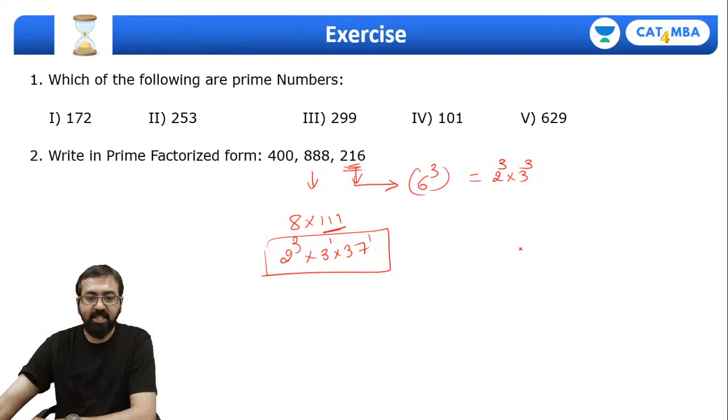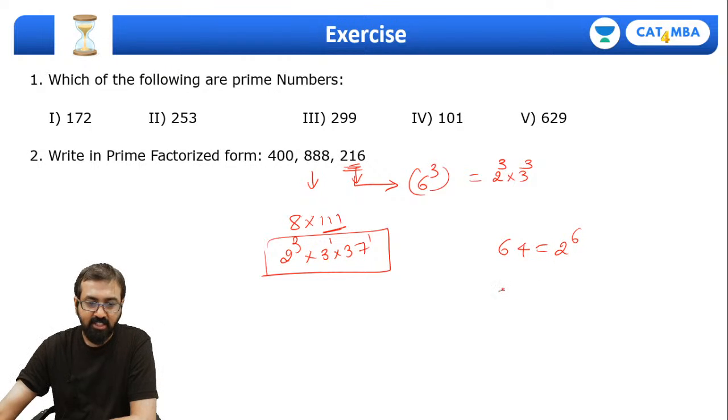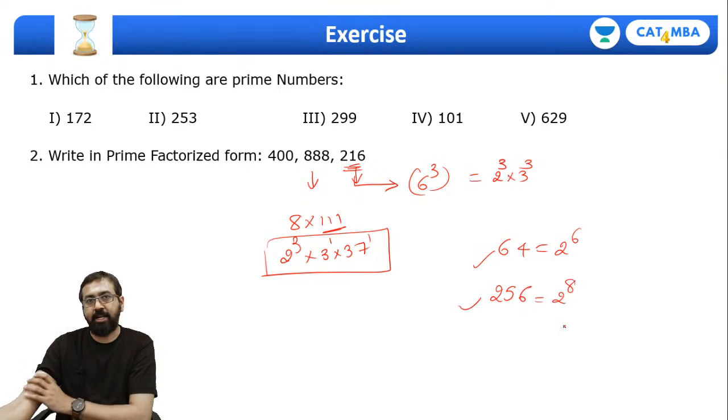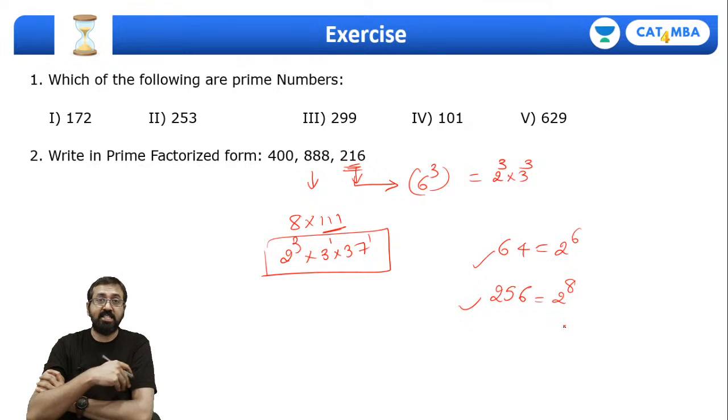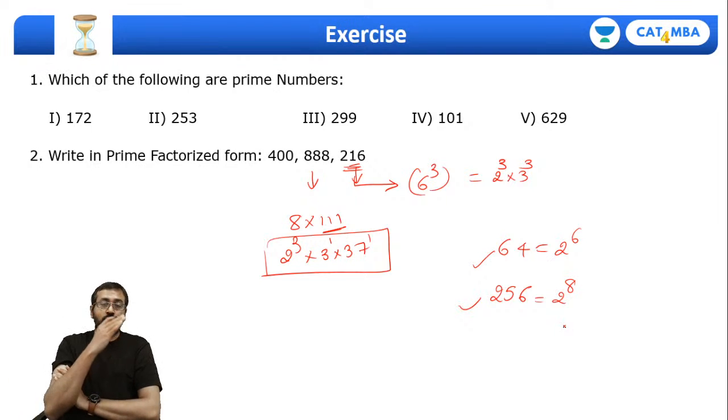For example, 64, you should remember that it's 2 raised to 6. If I say 256, you should remember it's 2 raised to 8. You need to remember a few things. As I mentioned in the previous session, remember powers of 2 raised to 1 to 2 raised to 10, then 3 raised to 1 to 3 raised to 6, 5 raised to 1 to 5 raised to 6, and so on, so that you can quickly solve the questions.